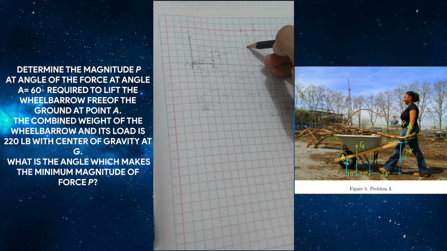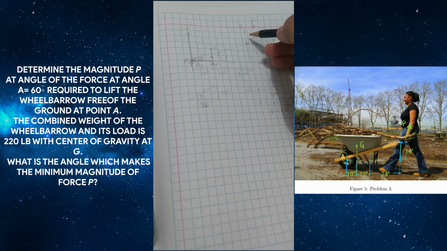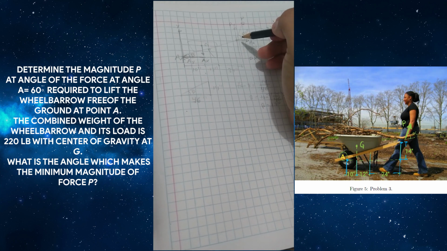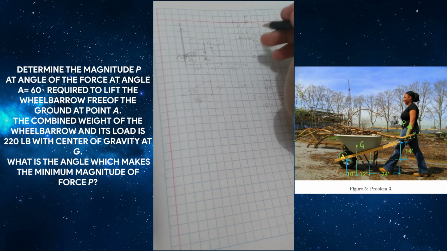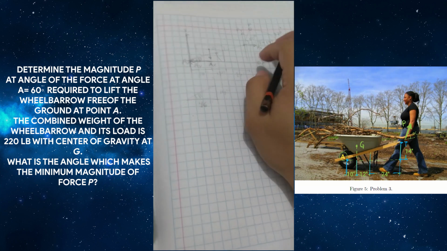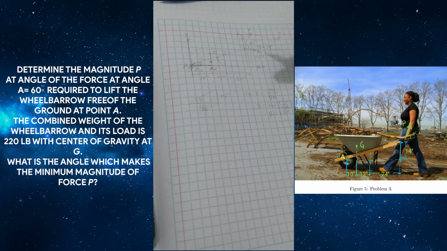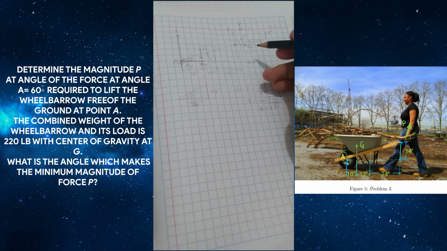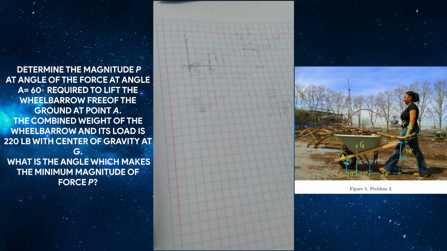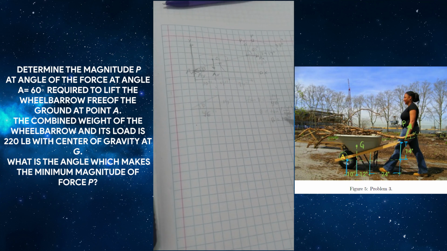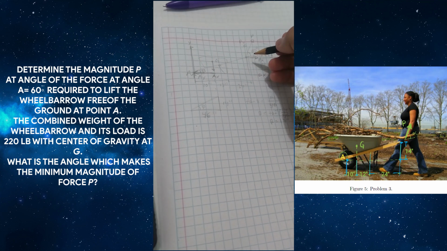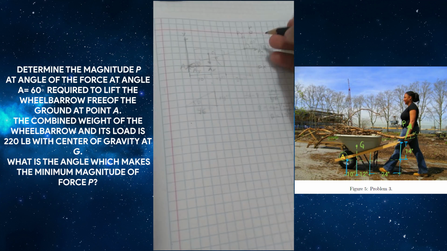But since the force P is the force for only one arm, the woman and all people have two hands to lift the wheelbarrow.